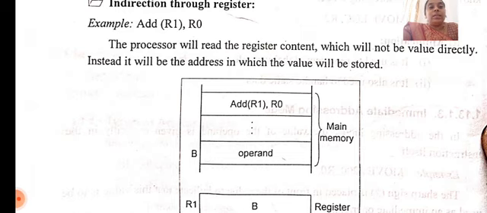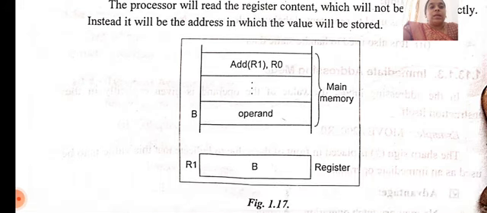Instead it produces the address at which the value is stored in memory. R1 contains B. The processor refers to memory location B to find the operand.